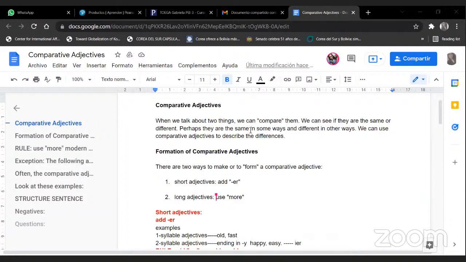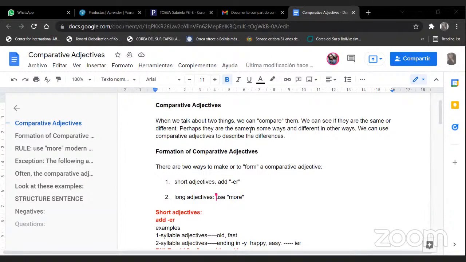For example, happy has two syllables, ha-ppy. Intelligent, four syllables. Short, only one, short, okay? We don't separate short. So we have to recognize how to count the syllables.